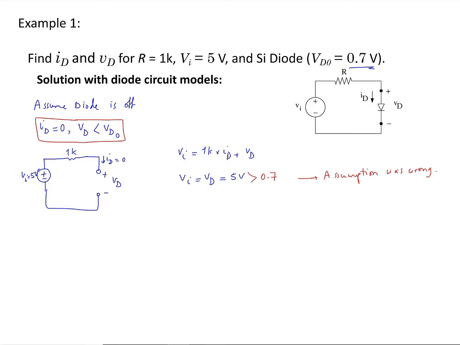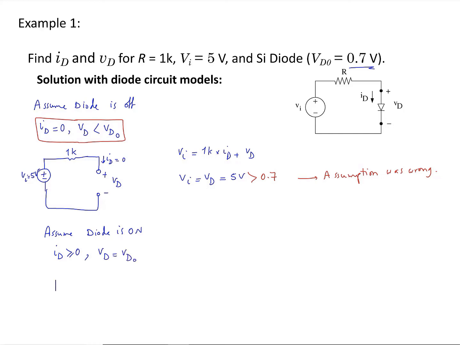In the second step, I'm going to assume that the diode is on. With this assumption, I expect ID to be greater than or equal to 0 and VD to be equal to VD naught.